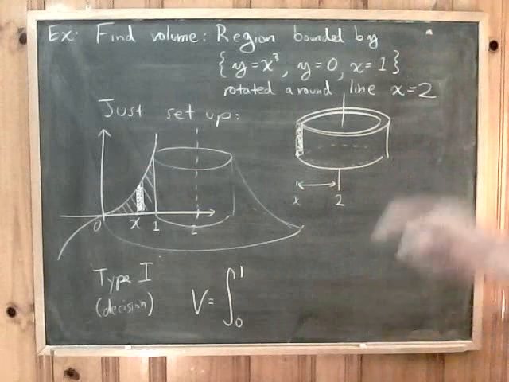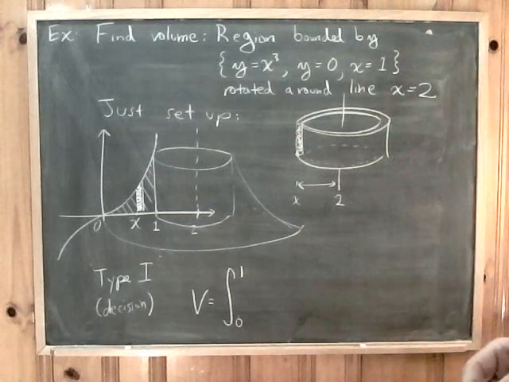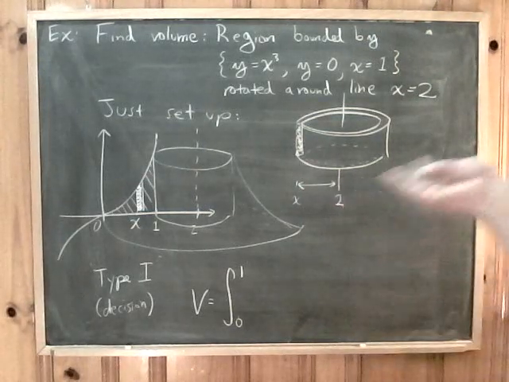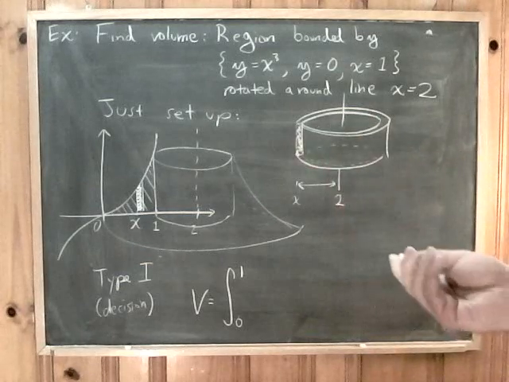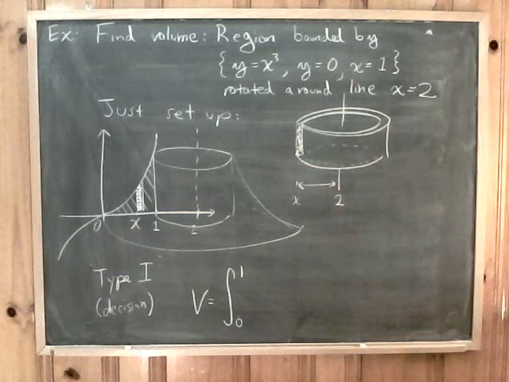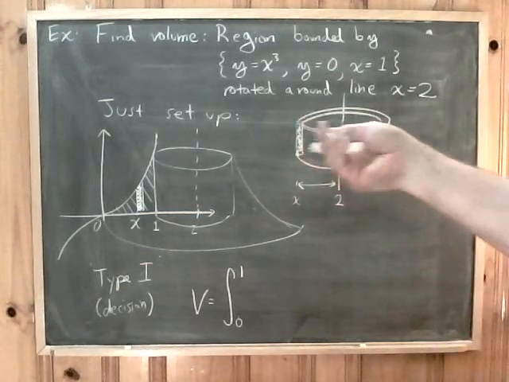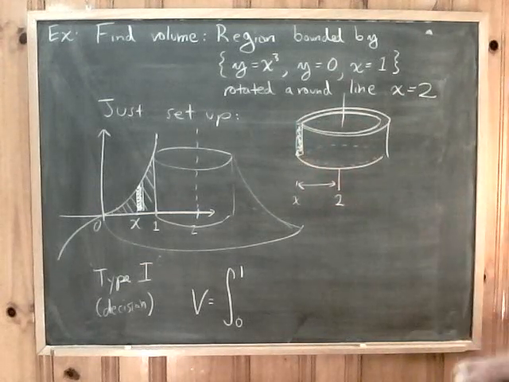So that's my x, and there's my 2. If I'm all the way at x equal to 0, the distance would be 2. It's the larger number minus the smaller, and x is staying smaller. It goes from 0 to 1, so it's going to be 2 minus x.